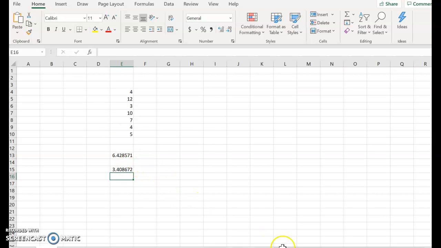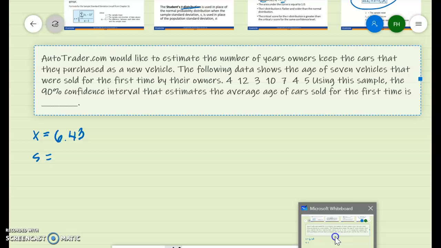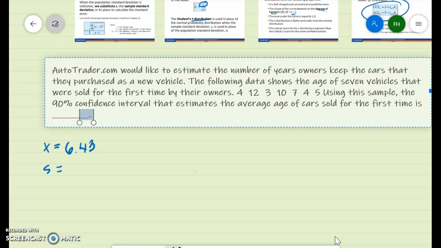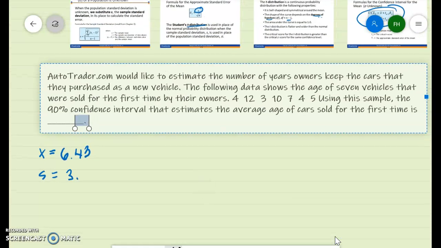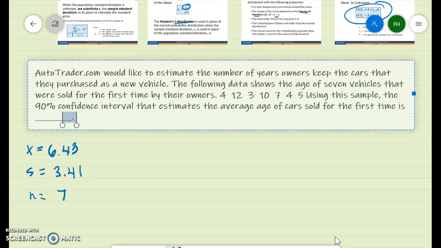And we get 3.41 for our standard deviation. So let's write that number down. So we have X bar and we have S, and we know N. Our sample size is 7. So now we're getting ready to calculate our confidence interval because we have what we need to get started.